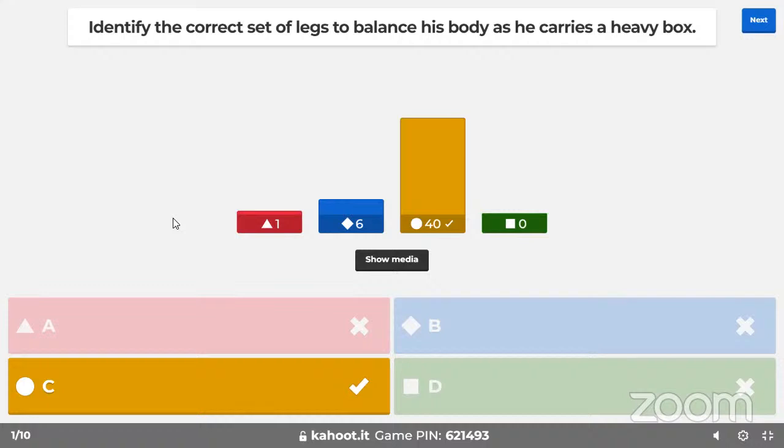Time's up. The correct answer was option C. 40 among you answered it correctly.